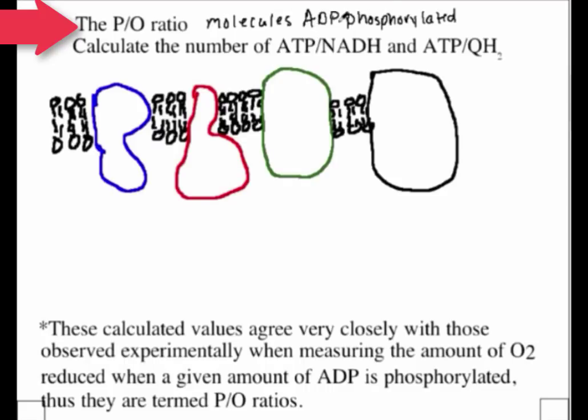If you think about this, what is made when ADP is phosphorylated? ATP, right? So we could also simply say molecules of ATP. And this is a ratio to O, which actually means the number of atoms of oxygen reduced. And that's an important differentiation. So the atoms of oxygen reduced.